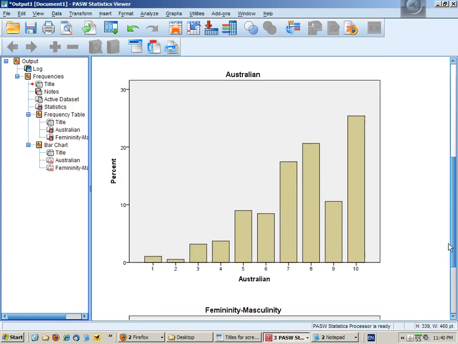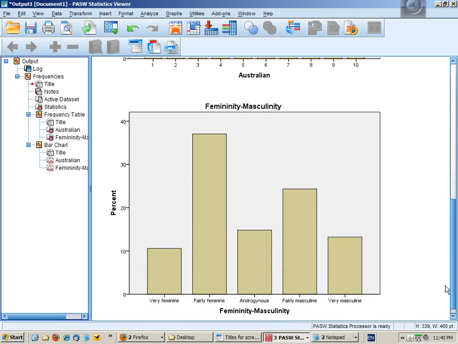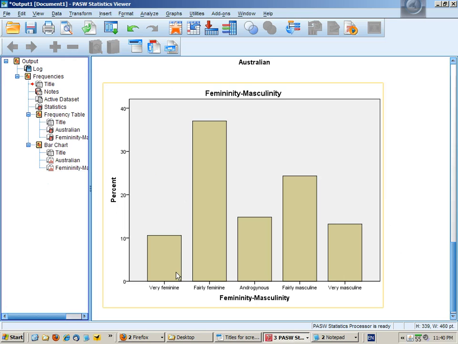We've seen Australianness before in the previous exercise. For femininity masculinity it appears to be bimodal, and we'll come back to that later because there's a cohort of females and a cohort of males underlying this data.